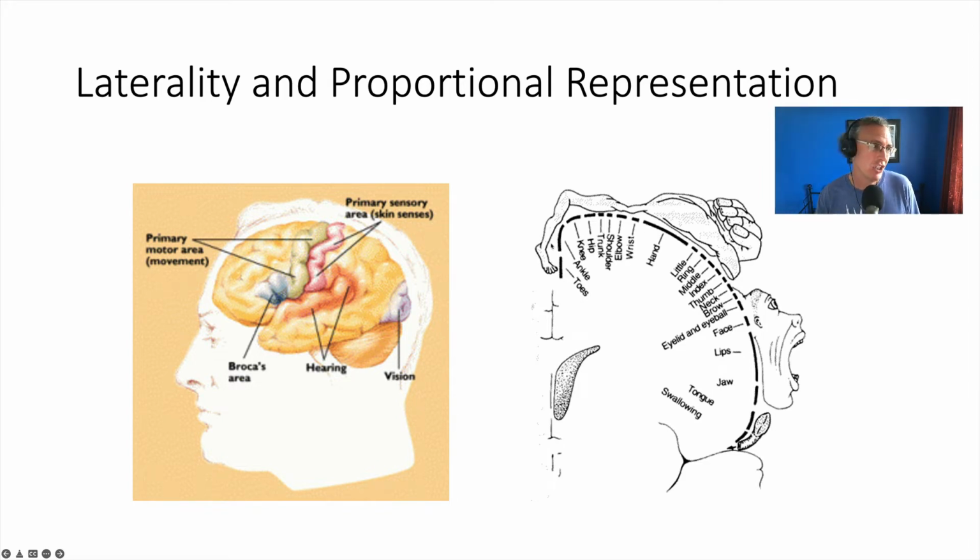And one of the kind of interesting things about this representation is the amount of brain tissue we have is determined more by the importance of that part. So notice how the hand and the mouth and the face in general are big in this image. They have a lot of brain tissue devoted to them.